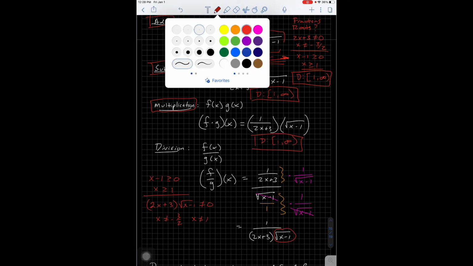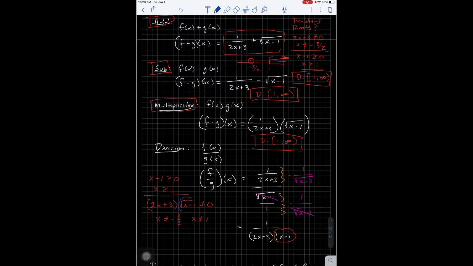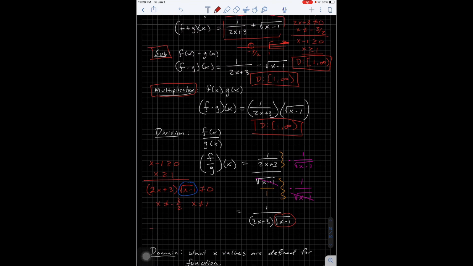Because if I plug 1 into this root, I get the square root of 0, which is 0, and that zeroes out my denominator. So because in division, extra things get put on the denominator, sometimes you have more restrictions on your domain. So let's draw a number line of this situation.